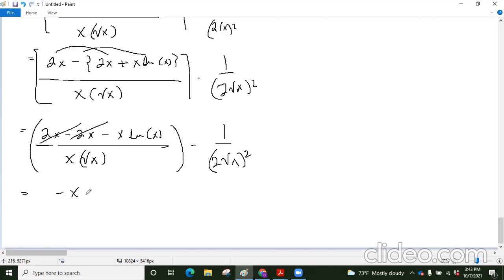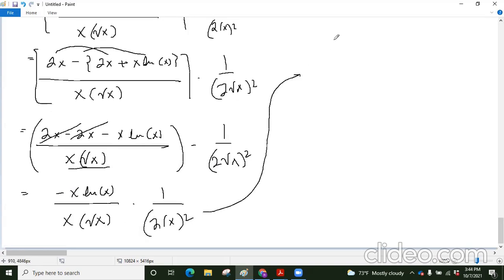So you're left with minus x ln of x over x times under root x, and then times 1 over 2 under root x squared. You could cancel out the x's here, right? So you'll just be left with negative ln of x.